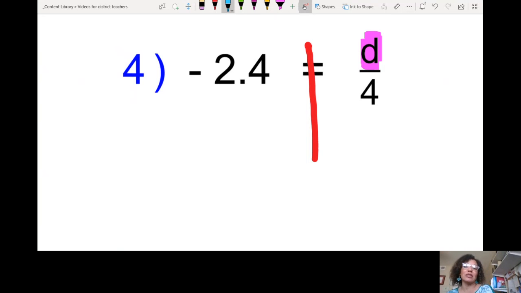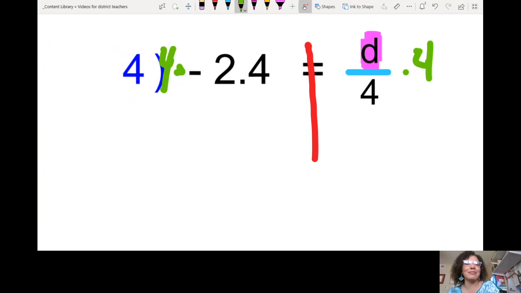And what is the 4 and the D doing? It is dividing by 4. What is the opposite of divide by 4? Multiply by 4. Whatever you do to one side, you do to the other. Why does my multiplying always look like a minus sign? Multiply by 4. These ones cancel out. And so now I take my handy dandy calculator.